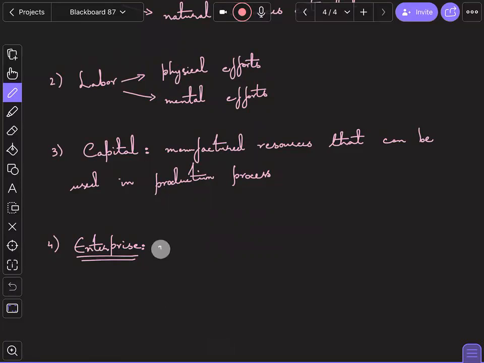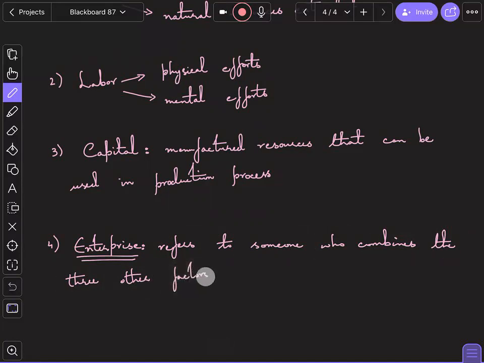So, enterprise refers to someone who combines the three other factors of production in order to start the production process.